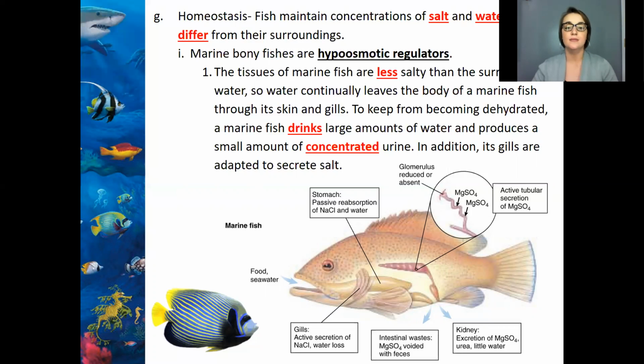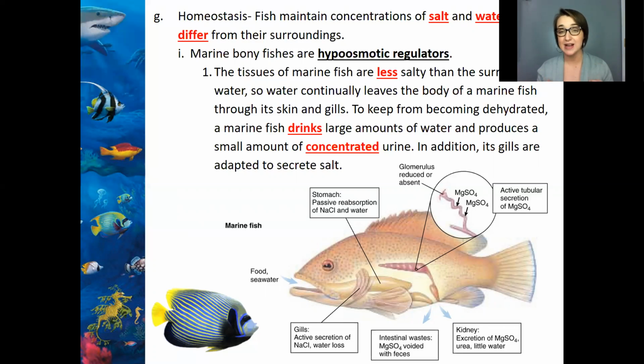Now the tissues of these bony fish, they're actually going to be less salty on the inside than the water that is around them. This is because they're actually going to allow a lot of the water and salt that they take in to go back out both through its gills whenever it's pumping water past those rakers, and actually from their skin as well.